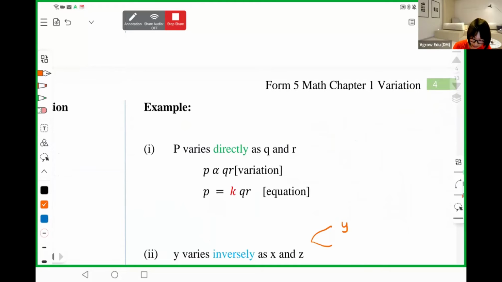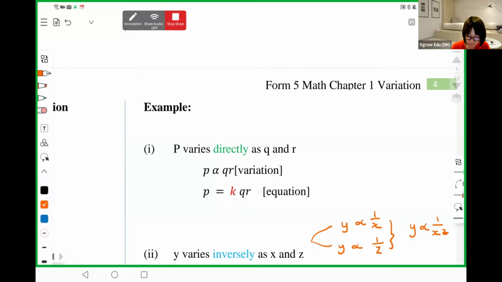So Y is proportional to 1 over X. Another relation: Y is proportional to 1 over Z. So 2 in 1, it becomes Y varies inversely as XZ.